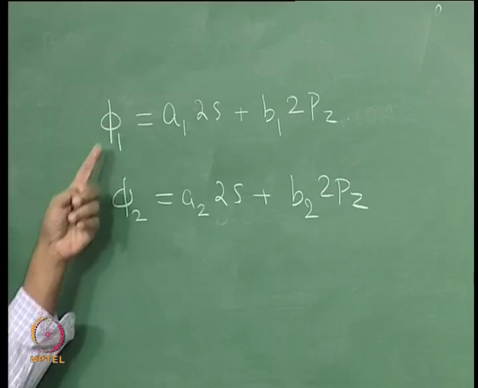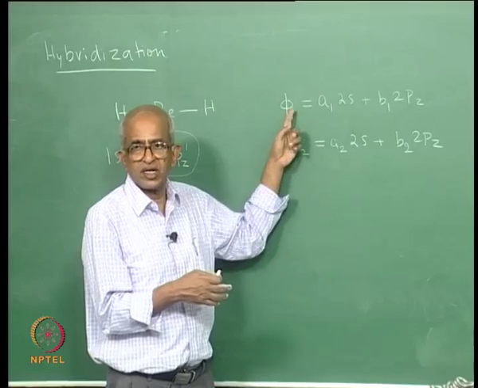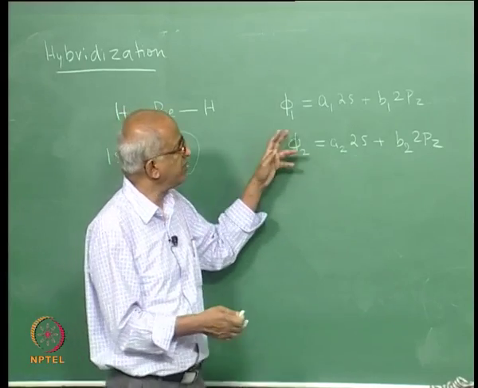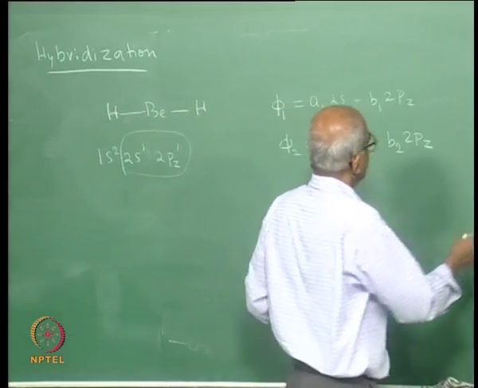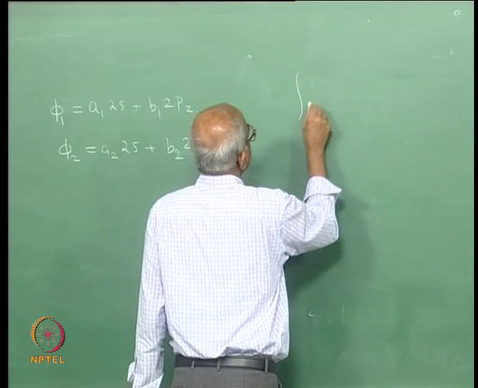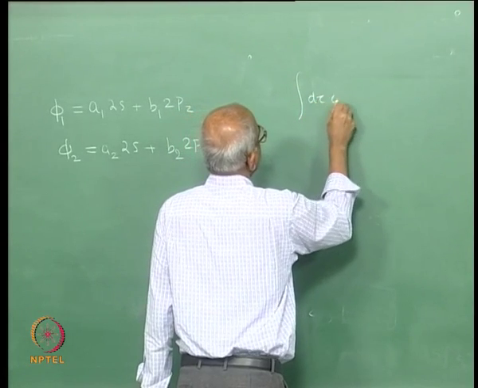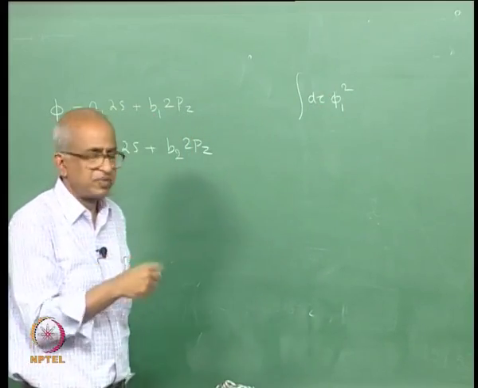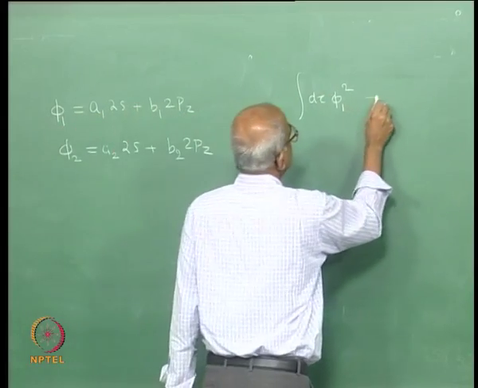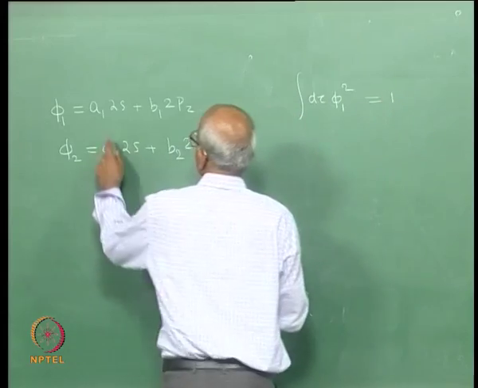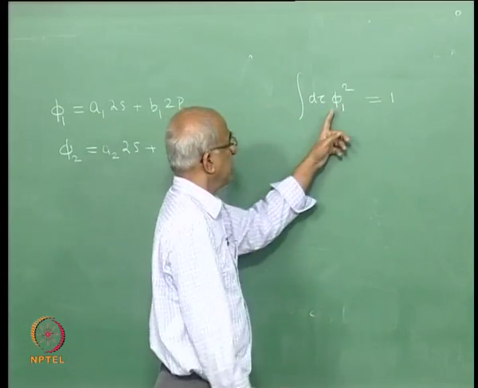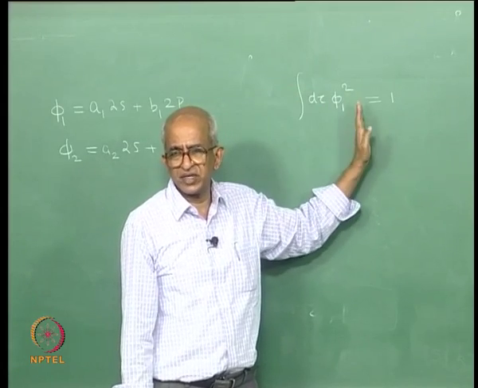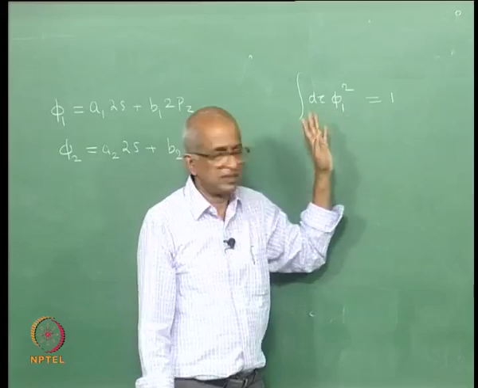I would also like these two orbitals to be orthogonal to one another, because that is a property of orbitals. So, if I impose the condition that the orbital is normalized, what would that mean? Integral of phi 1 square d tau over the entire space must be equal to unity. Strictly speaking, I should say phi 1 star phi 1, but these orbitals are all real, so it is not necessary to put the star.